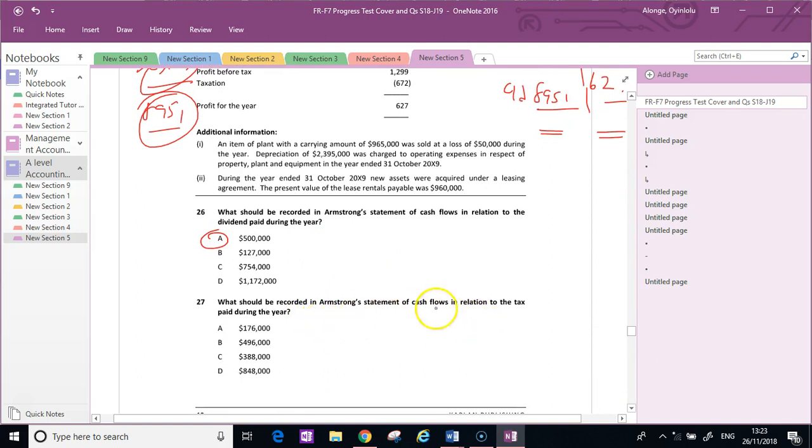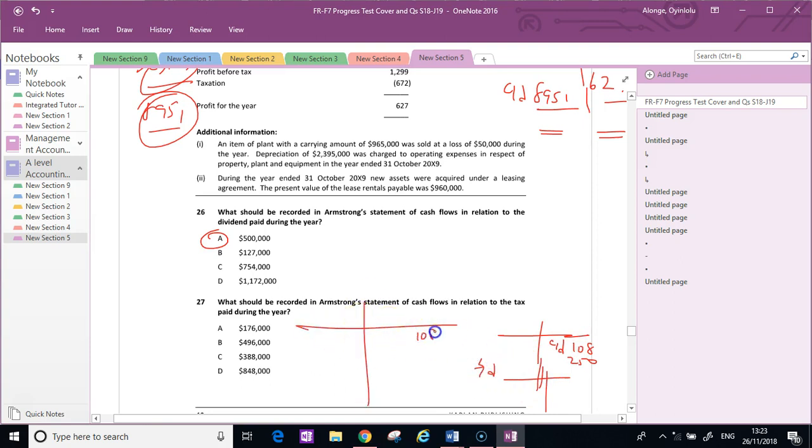In terms of tax paid during the year, we literally just plug in all the tax figures, deferred tax and current tax. They're all connected, and we just do our T account, if you like. So we have carried down figures to start the year of 108 and 250. Actually, let me use a different page.